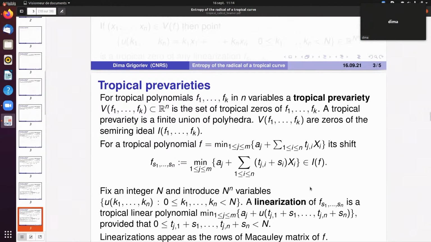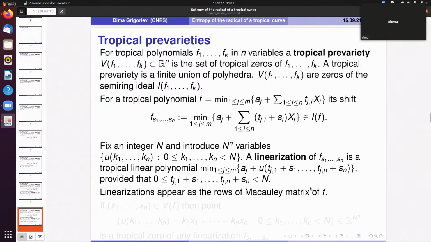And then we define linearization as an element of this subspace of monomials. We truncate, say, by capital N the degree of these monomials, and in this now finite dimensional space we consider the truncated ideal. And linearizations appear as the rows of the Macaulay matrix of the polynomial f.